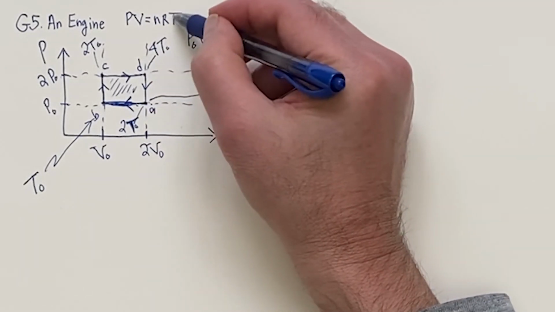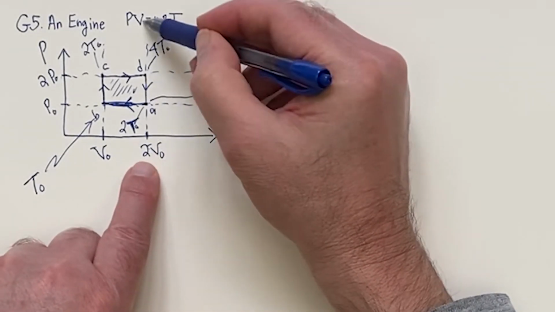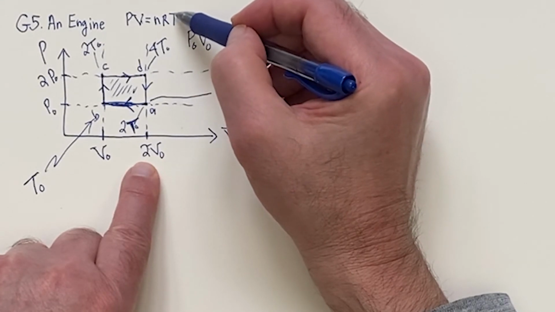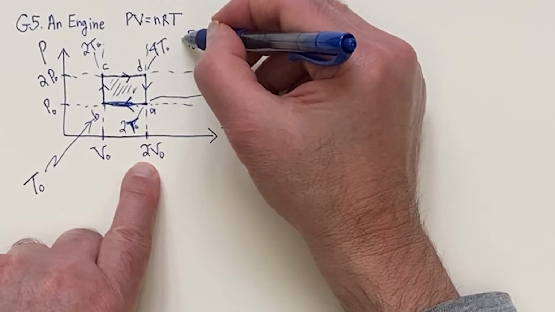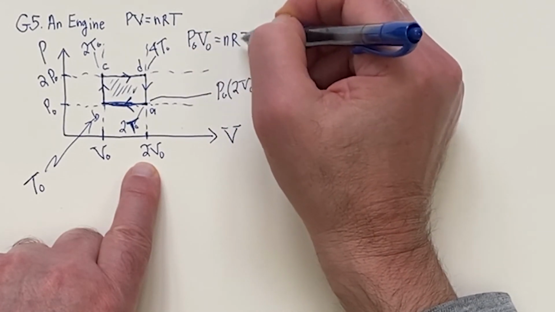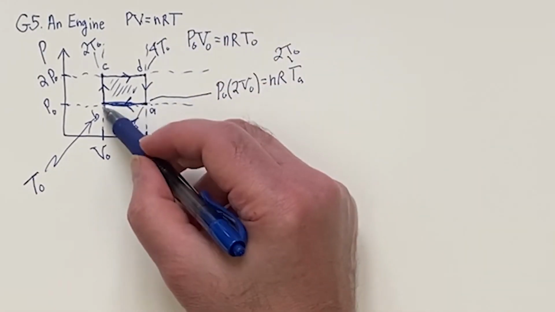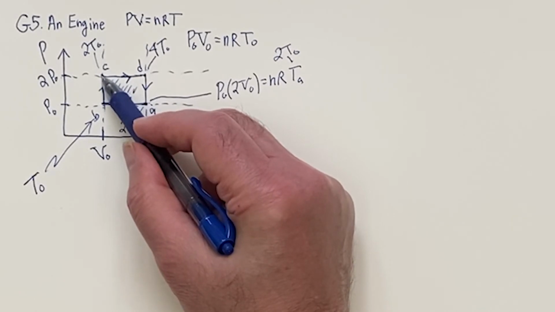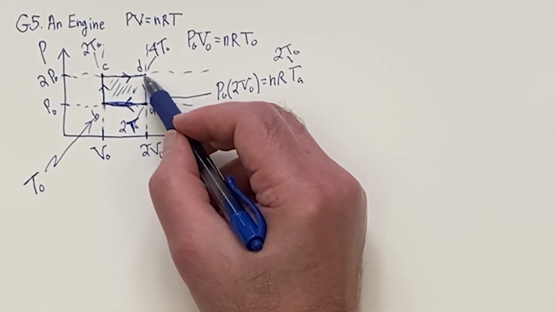So I'm basically using this formula. At this point D, I have 2 V naught and I have 2 P naught. Well, if I have a 2 there and a 2 there, that's a 4, then I better have a 4 in front of this thing. So that's where we got that. So we have all the temperatures. T naught, 2 T naught, an increase in temperature due to the interactions in the engine, and then here, an expansion.